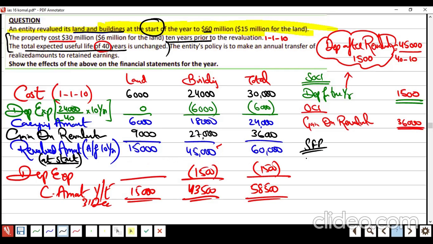SFP, property, plant, and equipment, 58,500. Is it correct? Yeah. Look at it from the beginning till end and see any tension, any confusion, any problem.